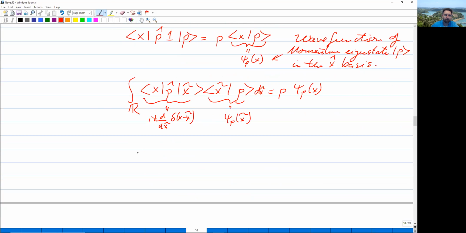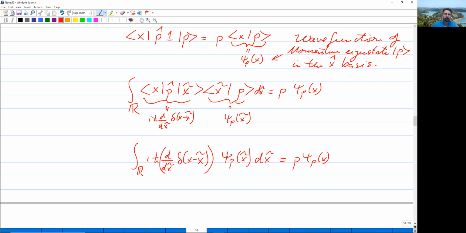We obtain, therefore, the integral over R of i h bar d by dx tilde of delta of x minus x tilde, whatever that function is, it gets multiplied with psi p of x tilde, our wave function that we want to calculate, equal to p psi p of x.